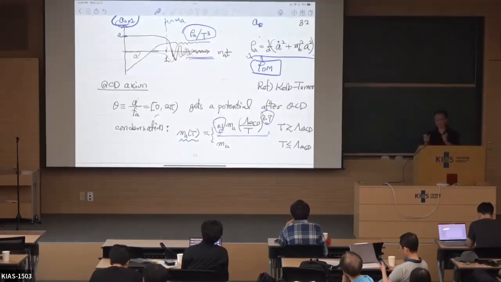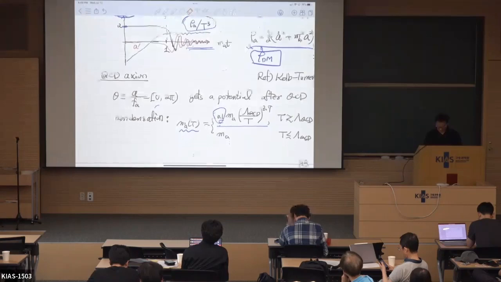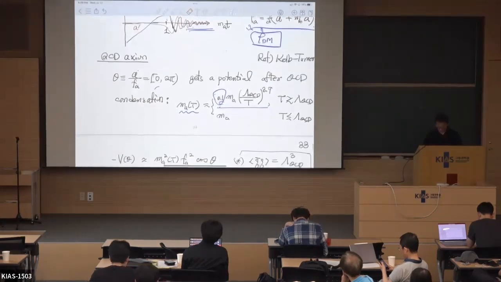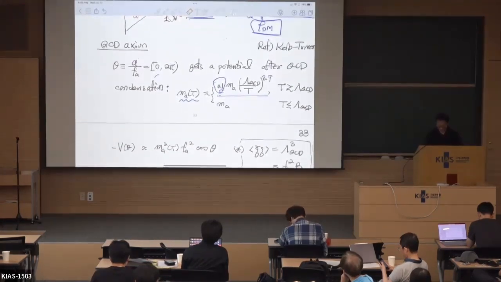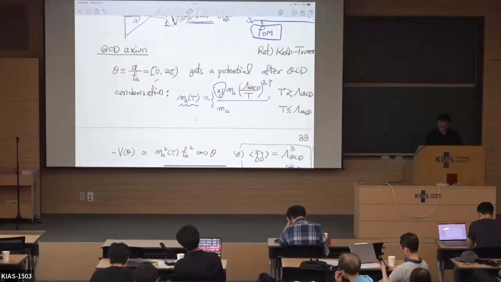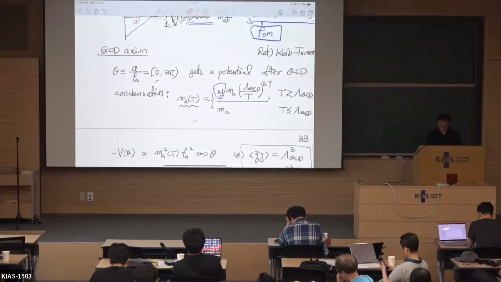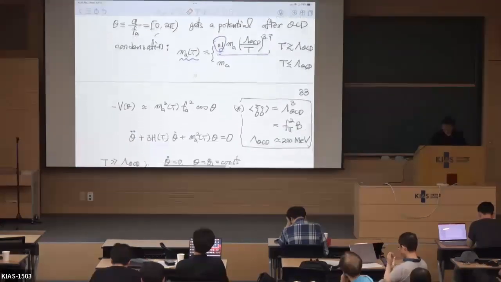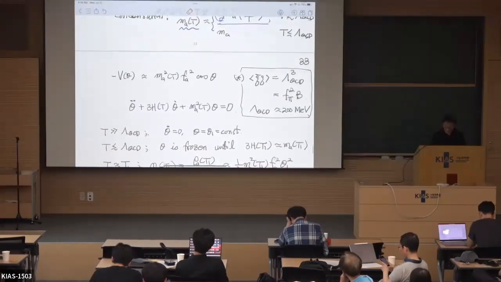But recently, there may be some more refined determination of these coefficients and this index. But it doesn't matter for us. So we keep this as a reference value for our calculation. And then of course, for T smaller than lambda QCD, we are back to the vacuum value of the axion mass. So then the axion potential is again of this form.